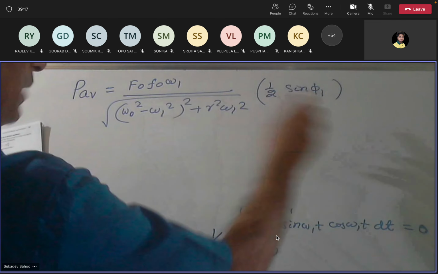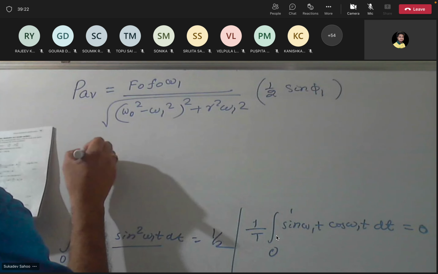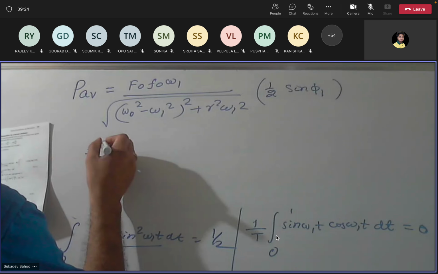Again, we know tan phi 1 from the text, and sin phi 1 and cos phi 1, so we can substitute these values.